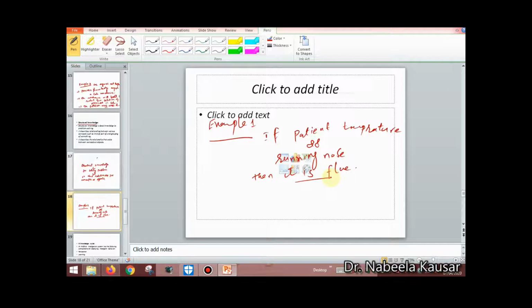And if the patient has temperature and vomiting and muscle pain, then it is malaria.